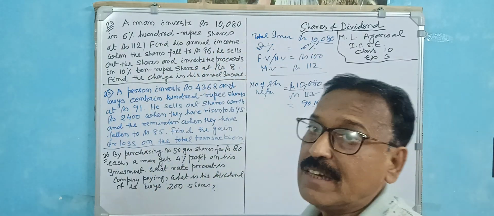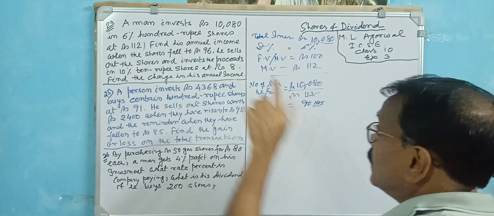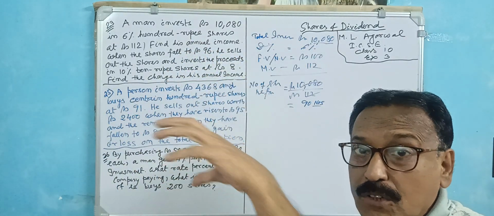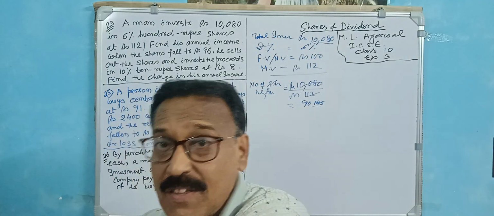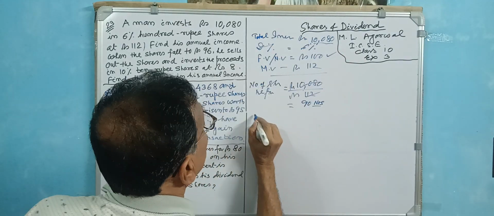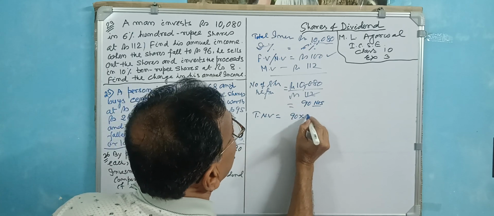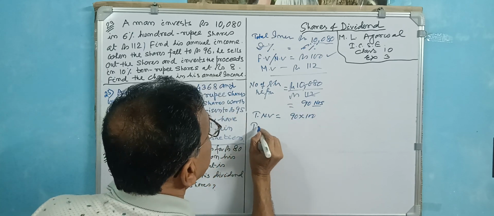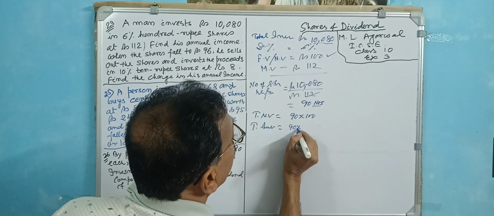Find his annual income. Annual income means the total dividend collected. So what is the annual income? The dividend is calculated on the total nominal value. That means what you have invested actually in the company. In the company, each and every share is 100. So total nominal value is 90 shares into 100, and the income is 90 into 100 into the dividend rate.